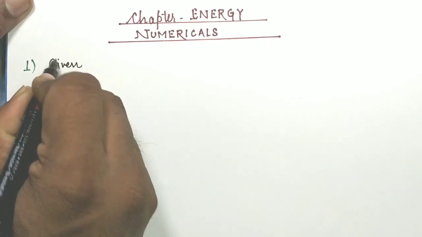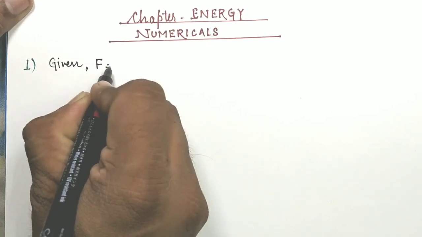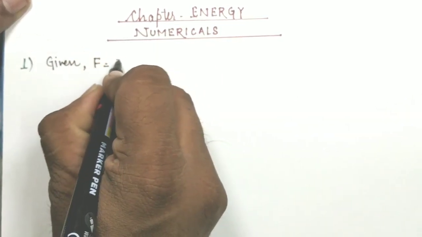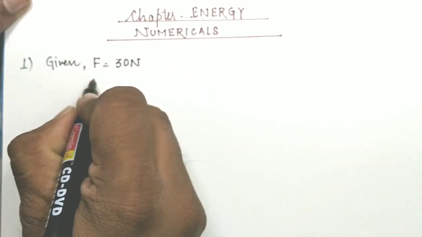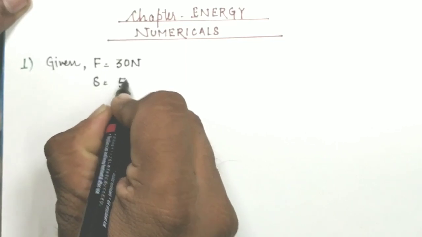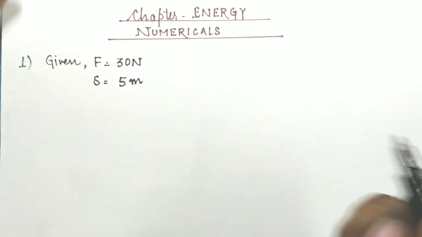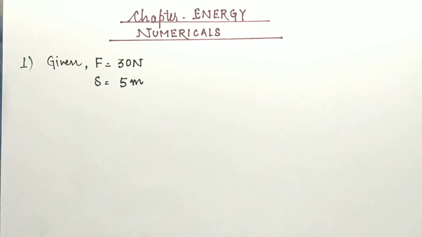The force is given as 30 Newton and the displacement is 5 meter. With the application of 30 Newton force, a body is displaced by 5 meter.